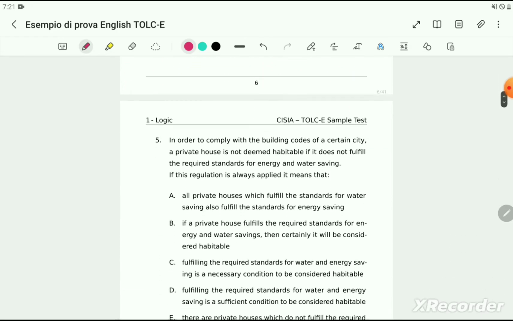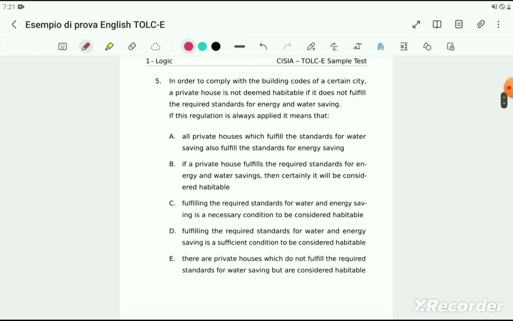Let's move on to our fifth question. In order to comply with the building codes of a certain city, they didn't mention the city, a private house is not deemed habitable if it does not fulfill the required standards for energy and water saving.